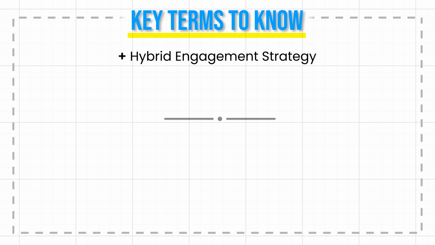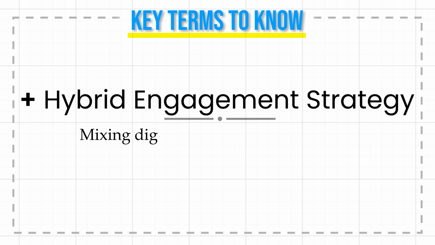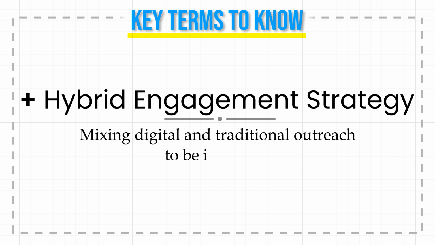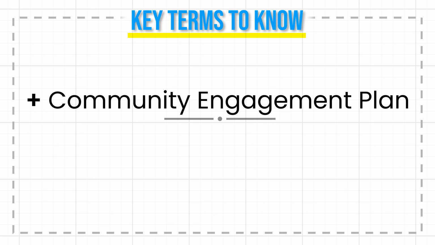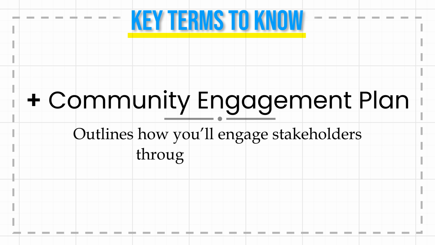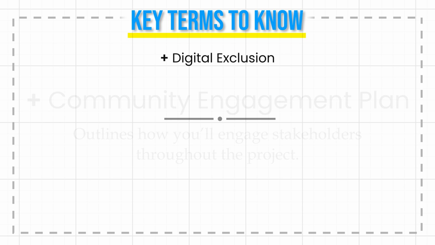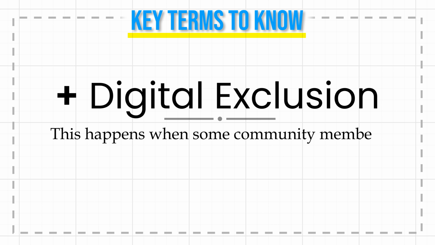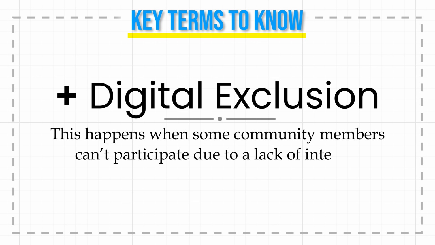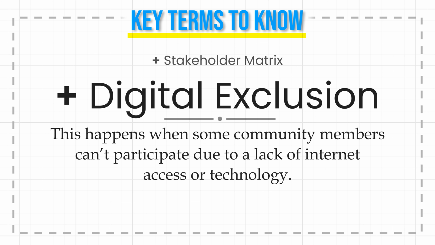Hybrid engagement strategy. Mixing digital and traditional outreach to be inclusive. Community engagement plan. Outlines how you'll engage stakeholders throughout the project. Digital exclusion. This happens when some community members can't participate due to a lack of internet access or technology.